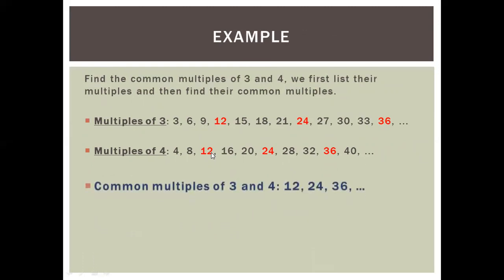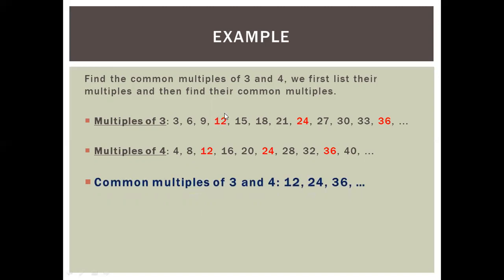So now you can see, children, I have highlighted those multiples which are common in 3 and 4. So you can see 12 is a multiple we can get in 3, 24, 36. Similarly, in multiples of 4, we can find 12, 24 and 36. So common multiples of 3 and 4 are 12, 24, and 36.